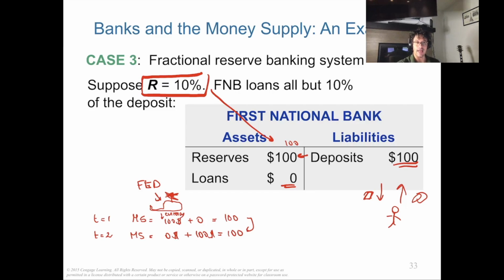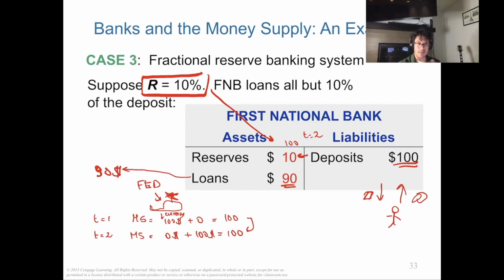But then something happens. This is period t equal 2, when there are $100 as deposits, and at this stage they are all in reserves. Now, what happens if banks make loans? Something completely new happens at this stage, because the banks reintroduce $90 into the economy.